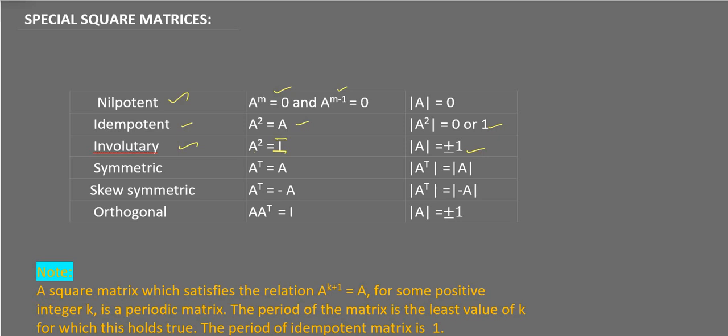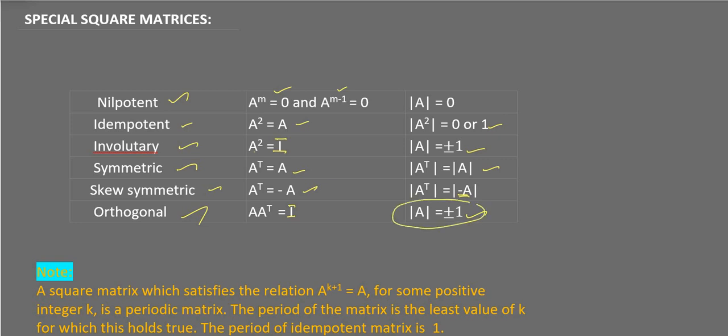If A transpose is equal to A, as we have seen already, this is a symmetric matrix, and the determinant of A transpose is equal to the determinant of A. Skew symmetric matrix, as we have seen already: if A transpose is equal to minus A, then the matrix is said to be a skew symmetric matrix, where the determinant of A transpose is equal to the determinant of minus A. Orthogonal matrix: the product of A and A transpose is equal to I, the unit matrix of the same order as A. It is called an orthogonal matrix, where the determinant value is plus or minus 1.